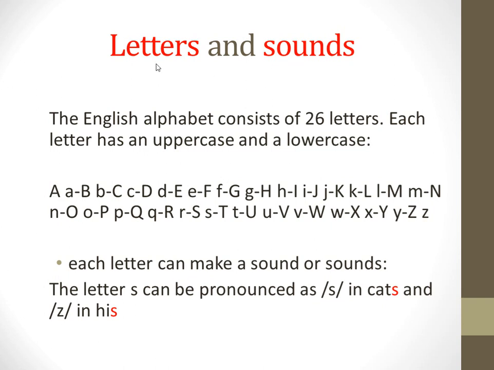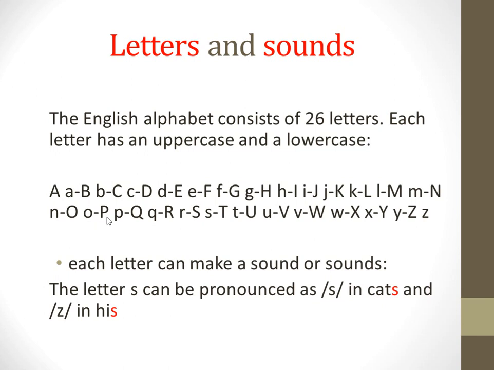And the difference between letters and sounds is that sounds are the phonetic production of these graphic forms. So for example, the letter B has the sound B, the letter D has the sound D, the letter P has the sound P, and so on.